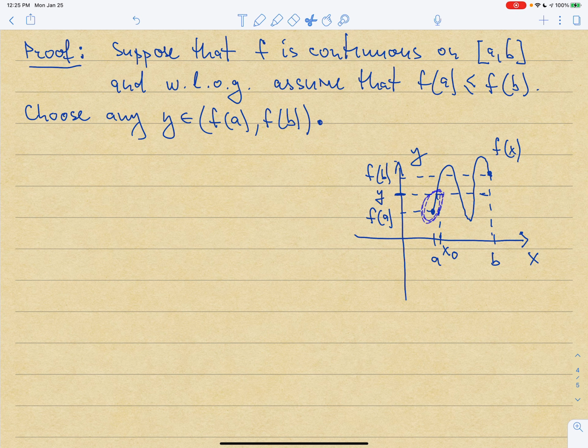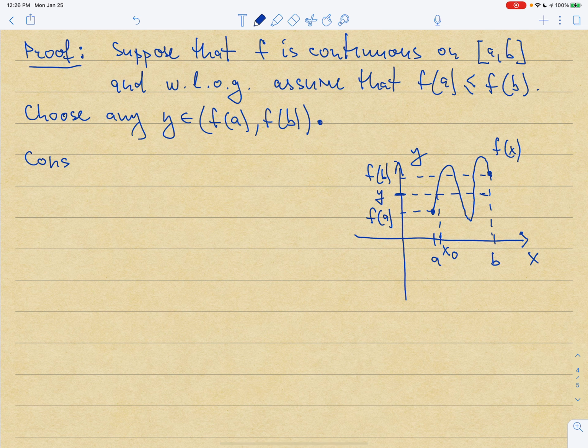To the left of x0 that I'm trying to construct, I know for sure that my graph lies below y because f of a does, and there are no other points of intersection, so f of x cannot go higher than y on the interval from a to x0. So what I'm going to do then, I'm going to construct a set.